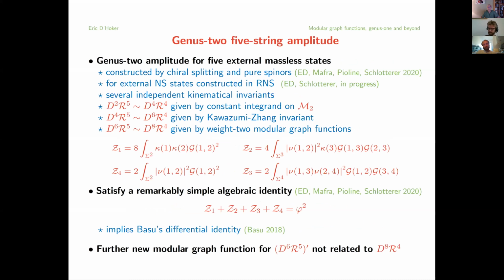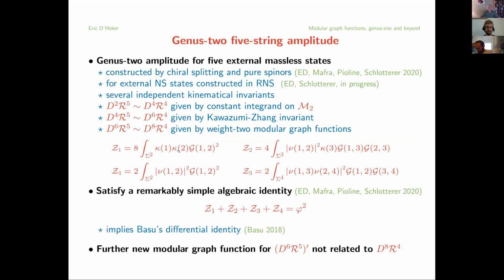And the next thing I wanted to say is, so far I considered the amplitude for 4 strings. Very recently, the amplitude for 5 strings was computed in full. And so, in fact, there are more modular graph functions that emerge now. I think I've defined all the ingredients. G is, again, the Arakelov Green's function.